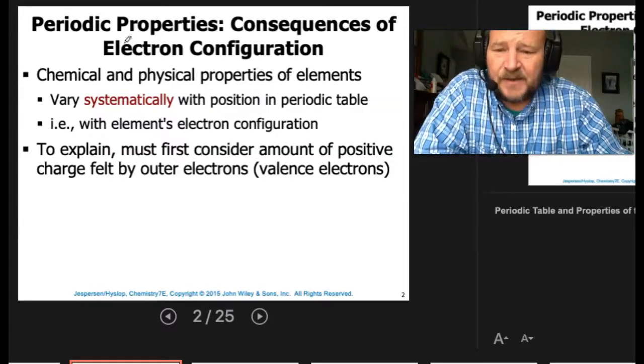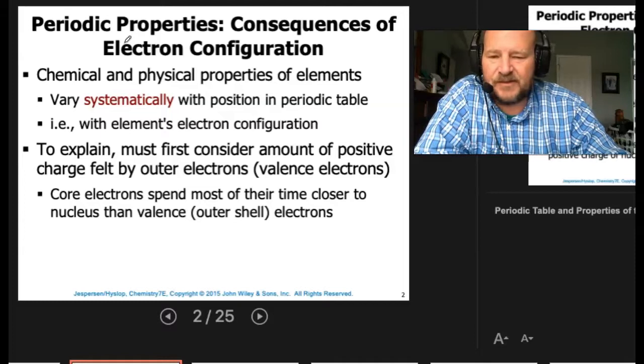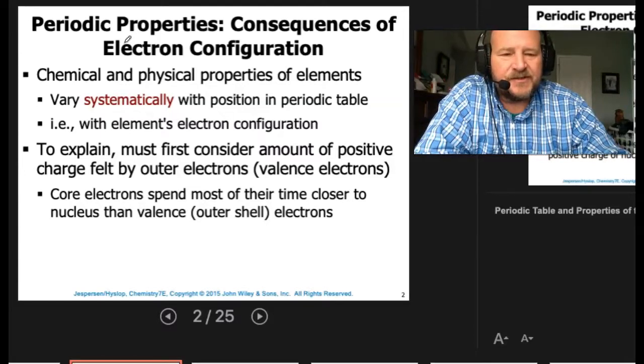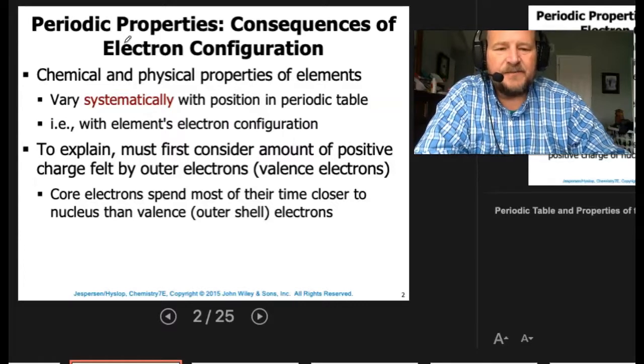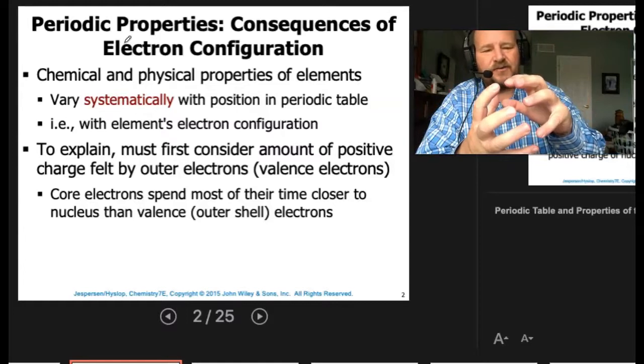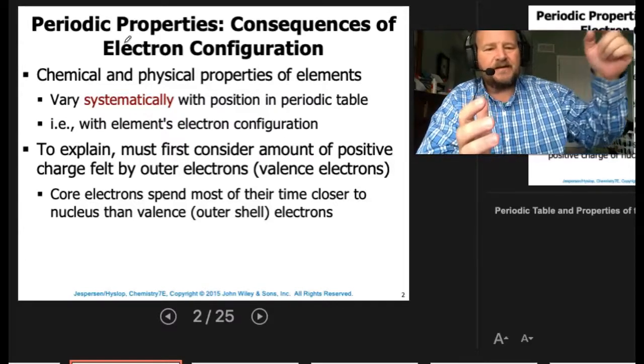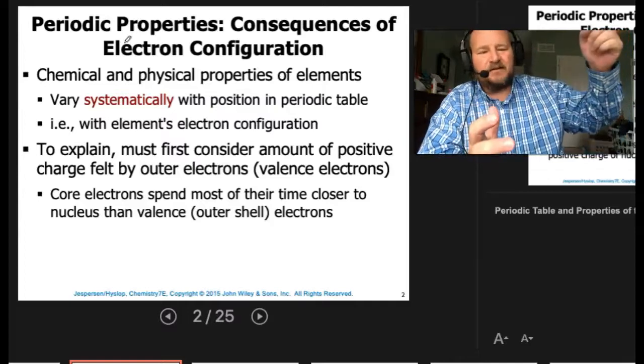Now, to explain this, what we must first consider is the amount of positive charge felt by the outer electrons, okay, so the valence electrons. Now the core electrons will spend most of their time closer to the nucleus. So if you think about this as a magnet with a pull in the very center, and then as I put electrons around that atom, it starts to diminish the way the magnet can affect the outer levels.